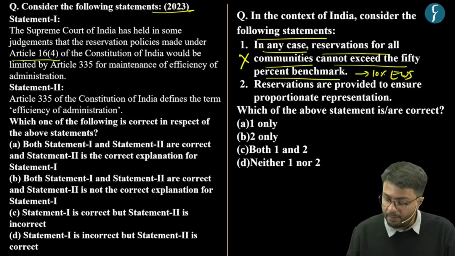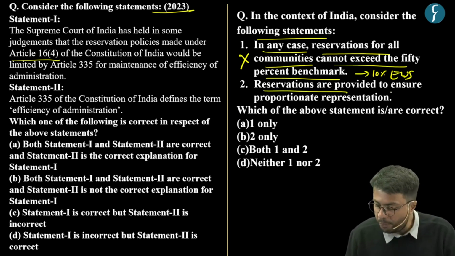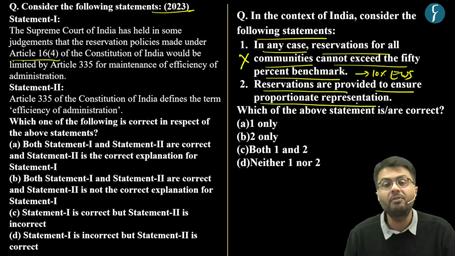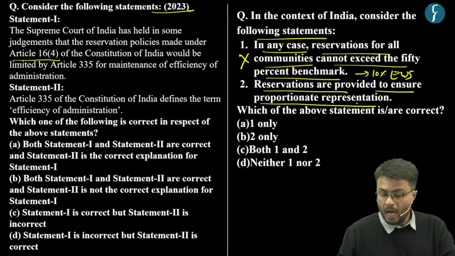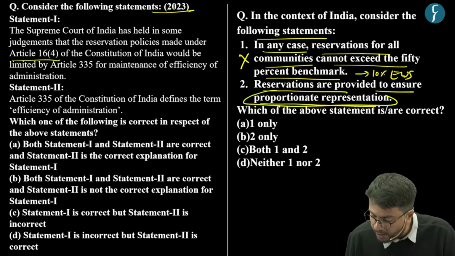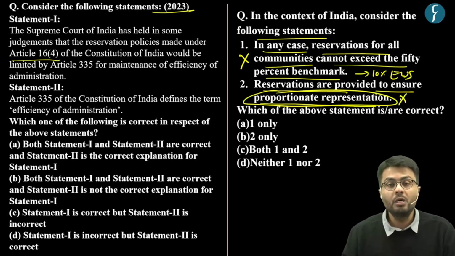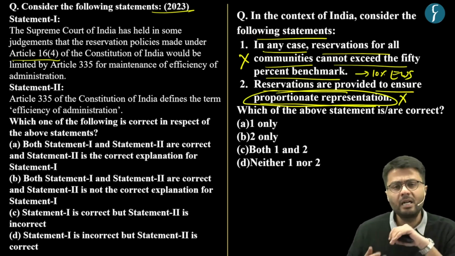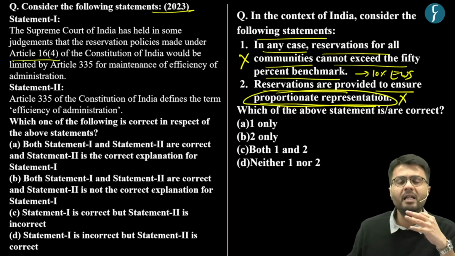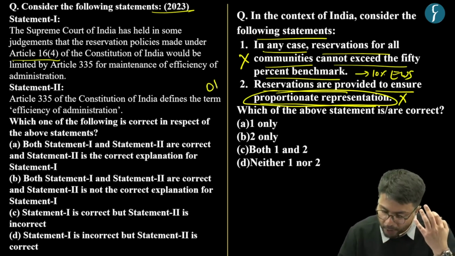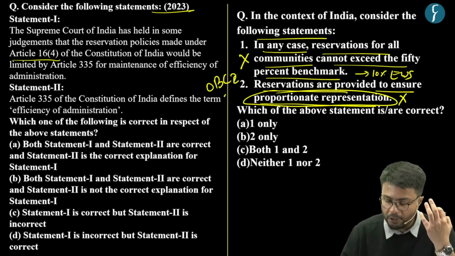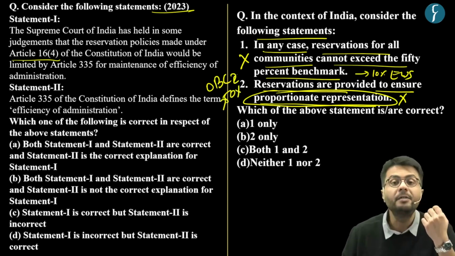Now, the second statement says that reservations are provided to ensure proportionate representation. Again, this term, proportionate representation, is incorrect. Because as you know, even in the Mandal Commission report, it was highlighted that the population of other backward classes is more than 50%.